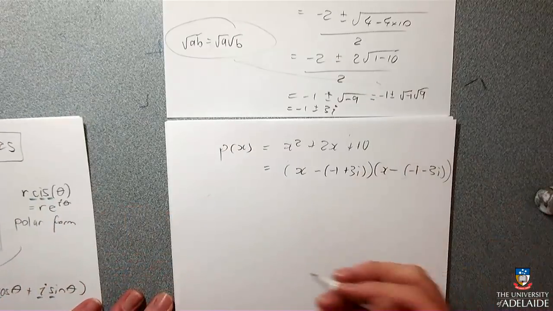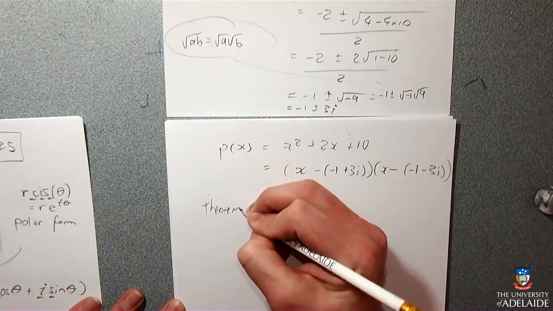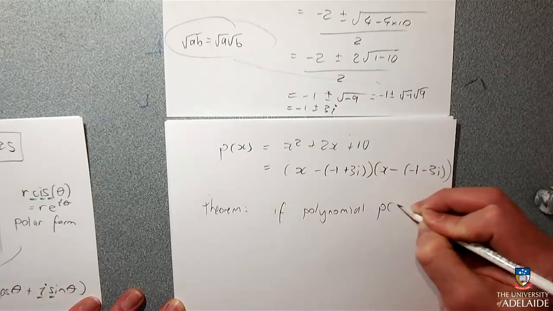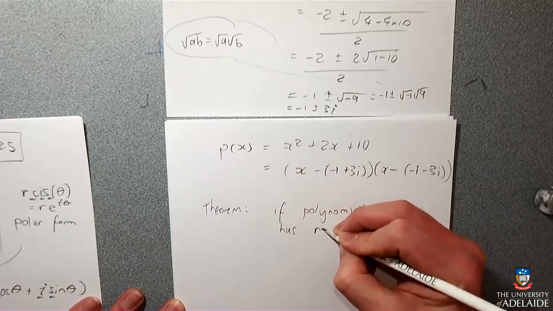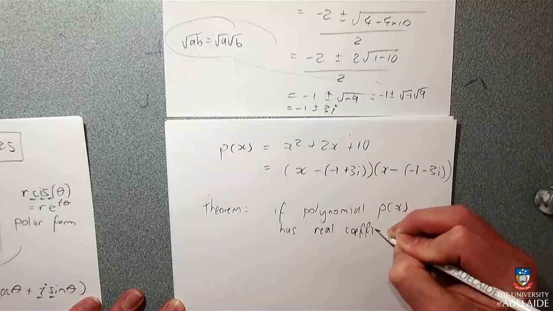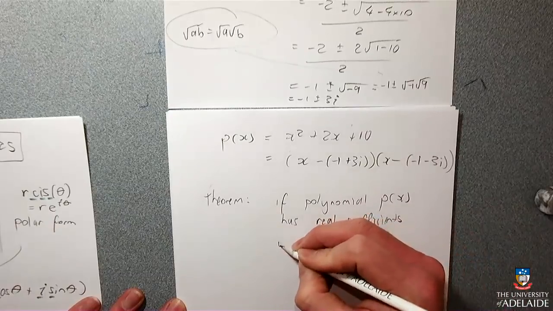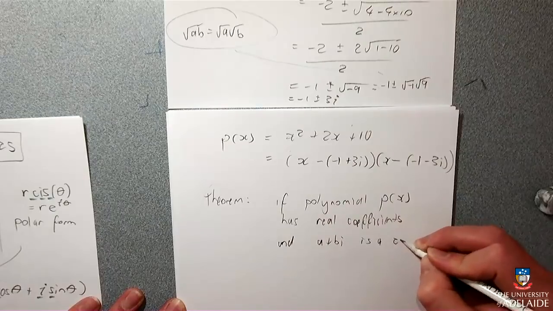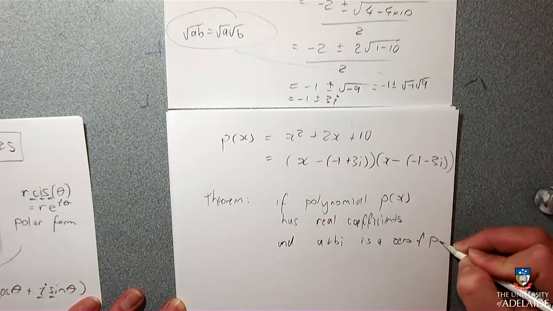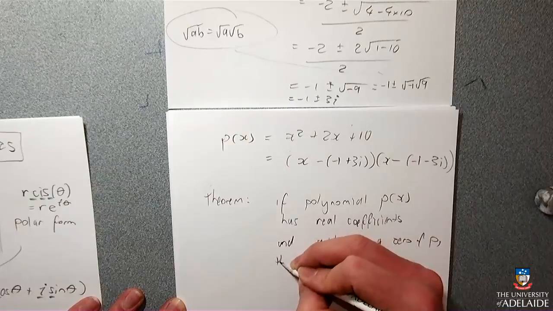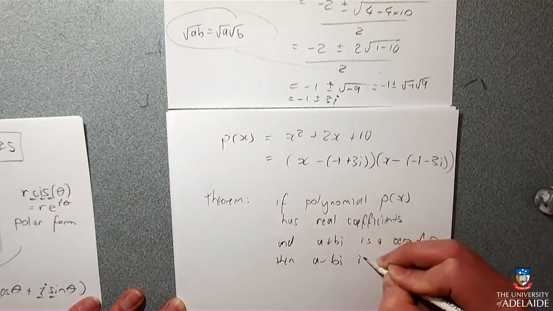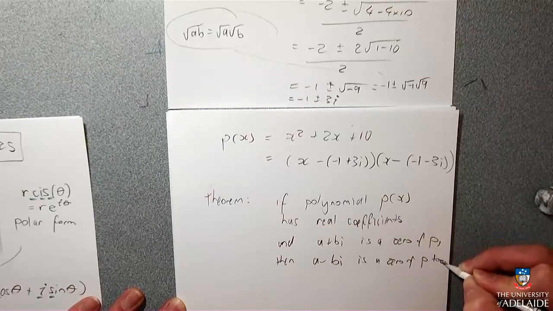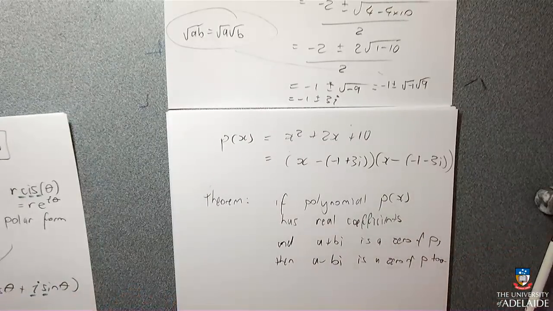I don't know what it's called, but if polynomial P(x) has real coefficients and a plus bi is a zero of P, then a minus bi is a zero of P as well.